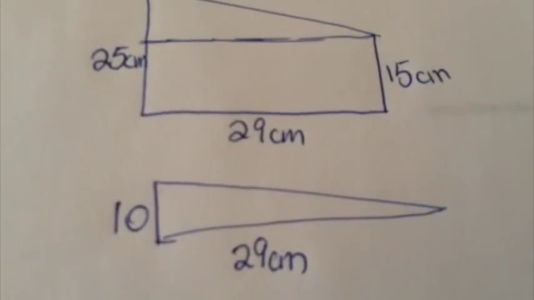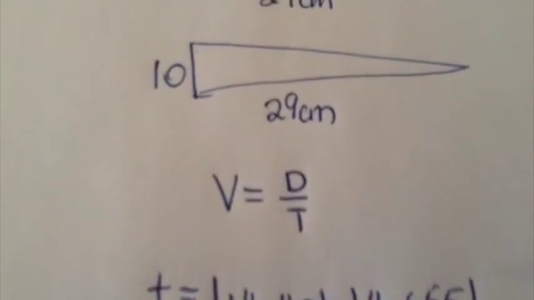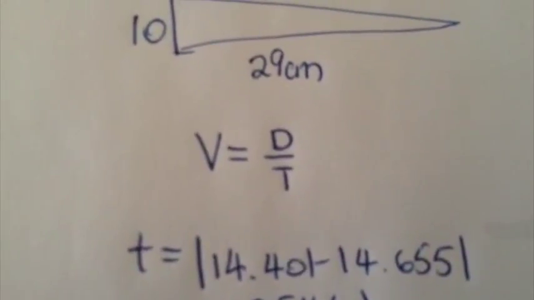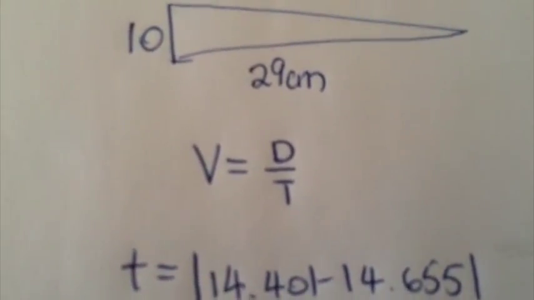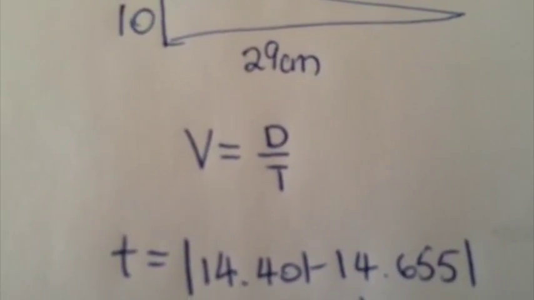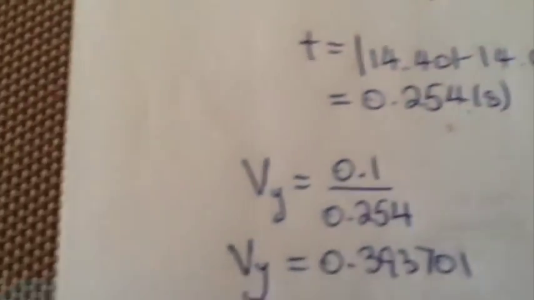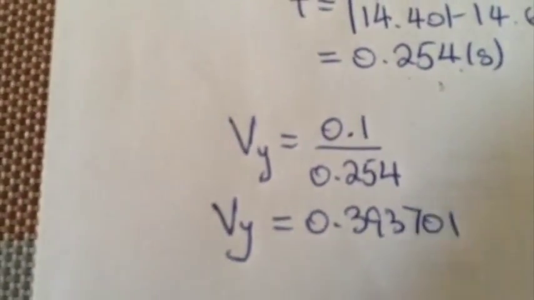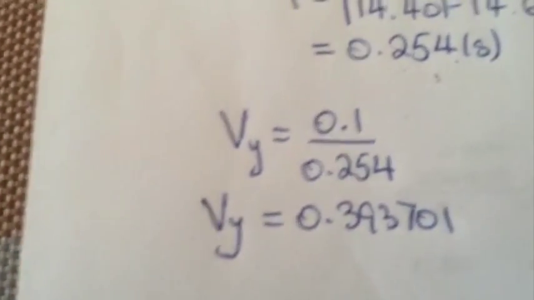And to find the velocity of both the horizontal and the vertical, I will be using this formula. Velocity equals distance over time. Time being the absolute difference between the starting time of 14.401 minus the ending, which is 14.655, which I got from the video, which equals 0.254. So first, the velocity of y, or the vertical, is 0.1 divided by 0.254, which equals that.